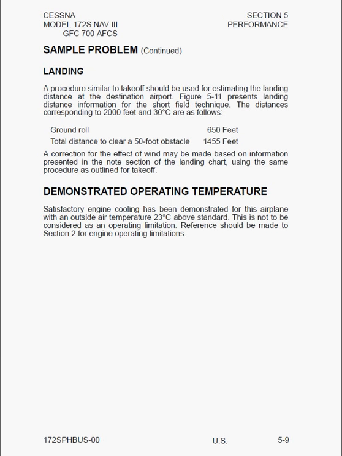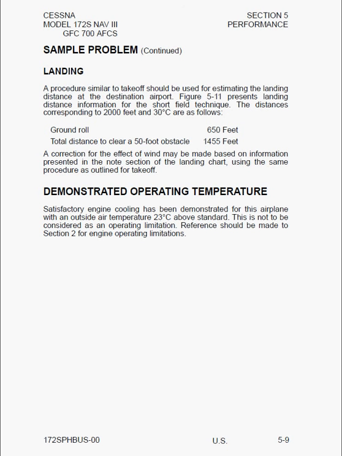And it says, demonstrated operating temperature. Satisfactory engine cooling has been demonstrated for this airplane with outside air temperature 23 degrees above standard. And here's a case where we kind of go back to the first section where I told you those definitions are important to know because, well, what's standard?